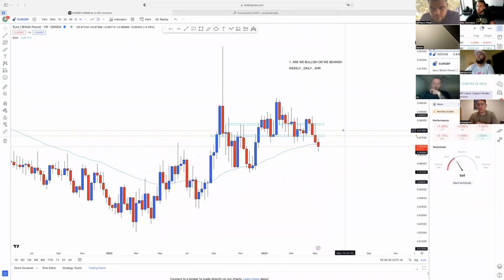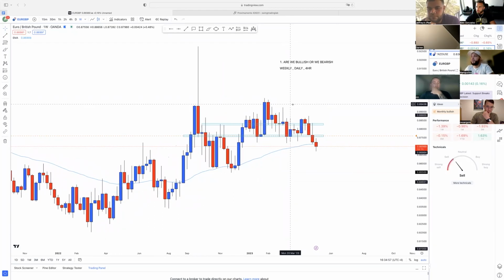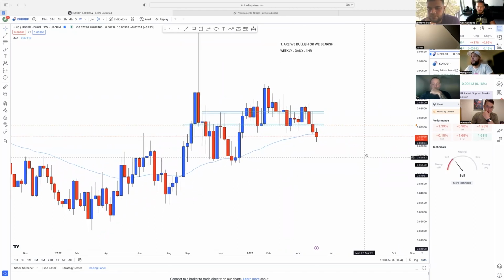Is this time frame bullish or bearish? Type 1 for bullish, type 2 for bearish. Okay, I'd say about 90%, 85%, right?